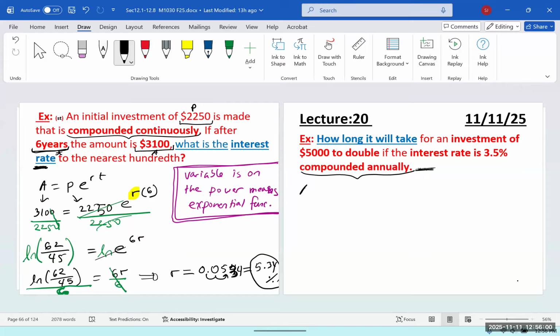The left one is only for continuous. When you compound annually, you know how many times you're doing it in a year: once. So you have a number for n. If you can place a number on n, then it's not the part formula. It's the big formula, which is A equals P(1 + r/n) to the power nt.